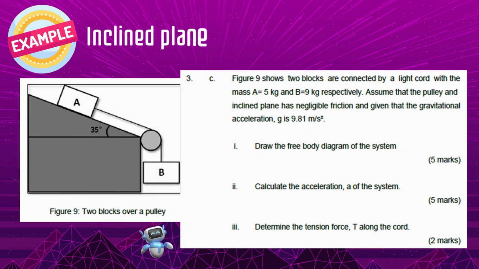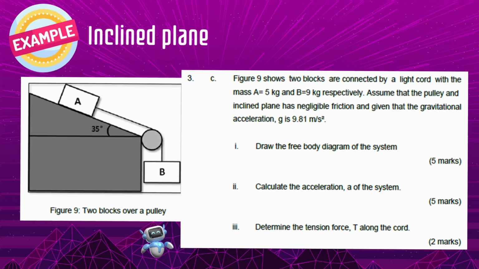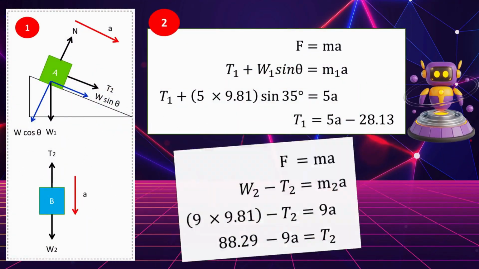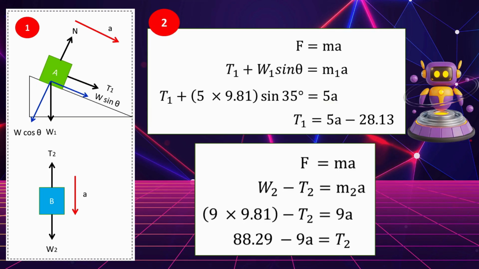Finally, we consider the inclined plane case. Two blocks are connected by a rope, with one block on a slope and the other hanging vertically. We are required to draw the free body diagram, calculate the acceleration, and determine the tension force. The weight of the block on the inclined plane is resolved into two components, parallel and perpendicular to the slope.